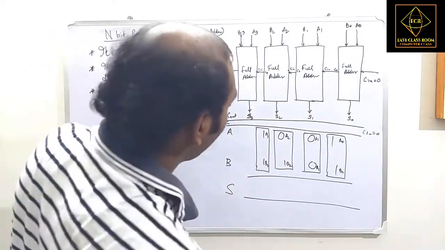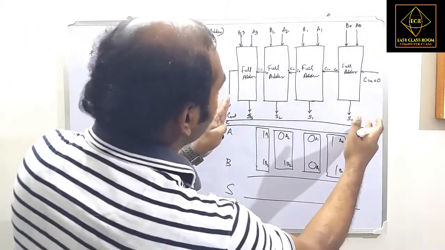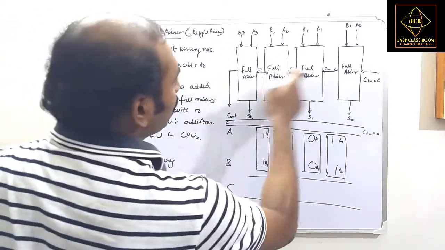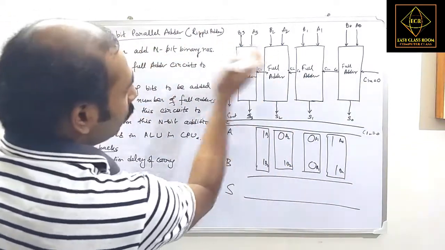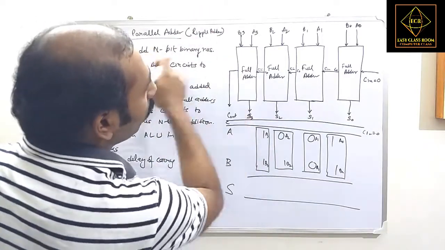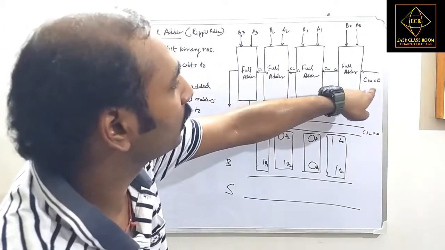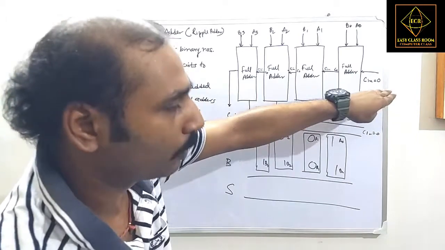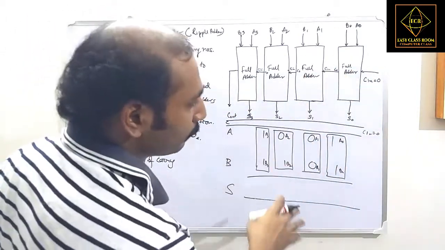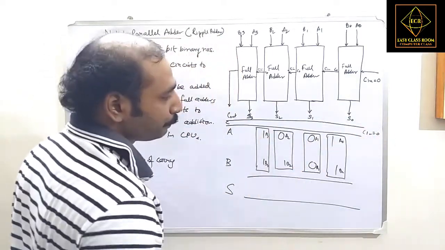We can cascade this 4-bit parallel adder with another 4-bit parallel adder, and the C in of the next parallel adder will be the C out of this one. That's why we are using this C in as 0, and giving this C in as an input to this entire thing. Understand? Now let us find out the value of these things.